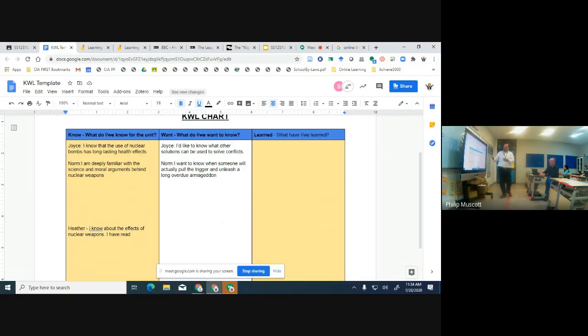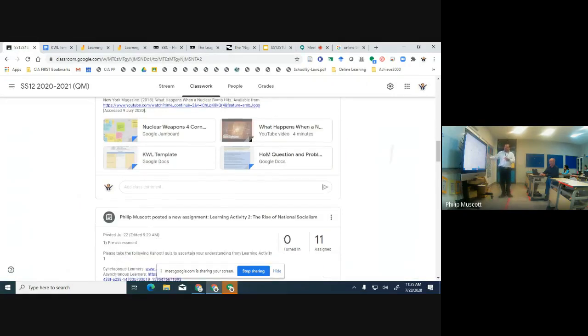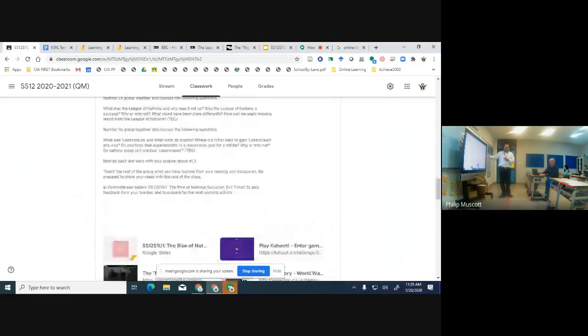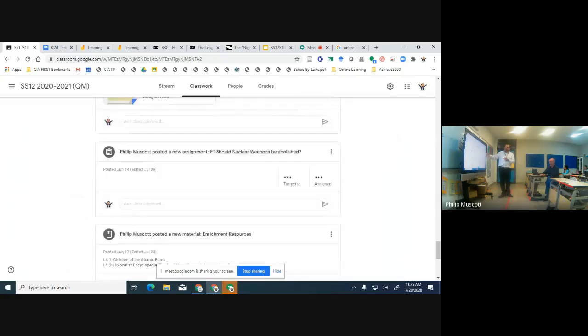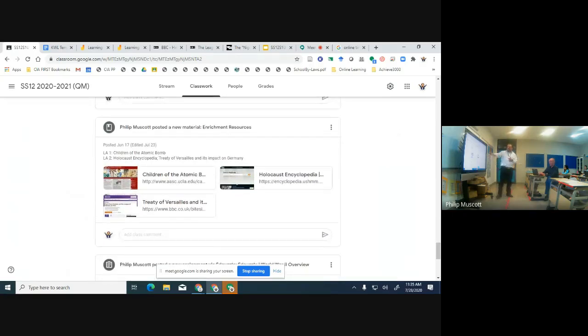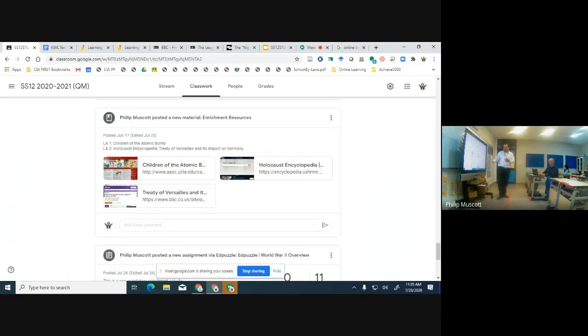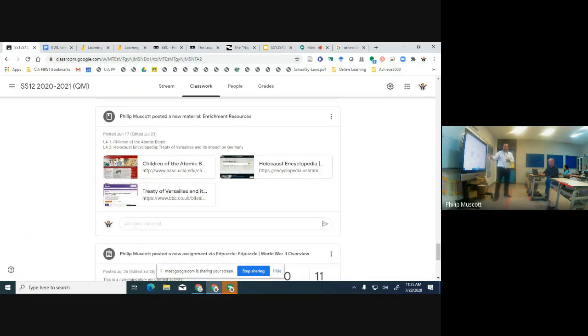Couple of other points that I want to make. Within the classwork, there are also some enrichment activities for you to do. You can see here in the enrichment resources some additional reading, whatever parts you're particularly interested in. Notice that it also says the learning activity that they're related to, so you can link there.